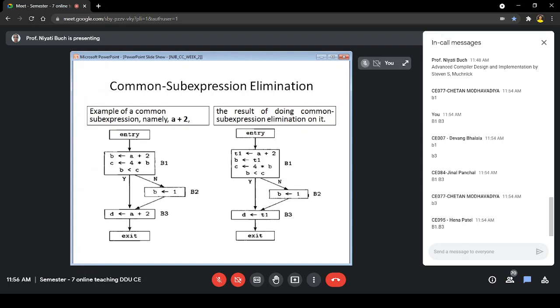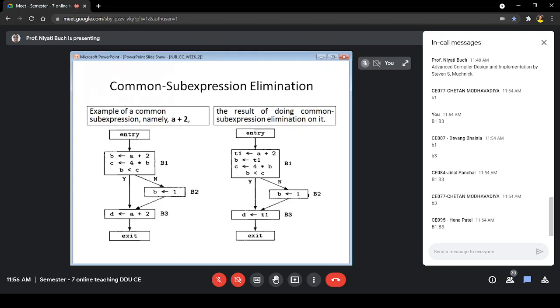It is different from a variable. Variables are provided by the code which the programmer writes, and these temporaries are generated by the compiler itself. So T1 is storing the value of a plus 2. Now this T1 holds the final answer which we will assign to B.